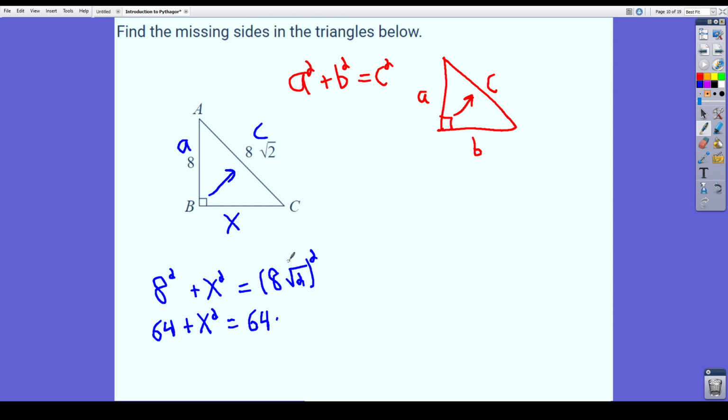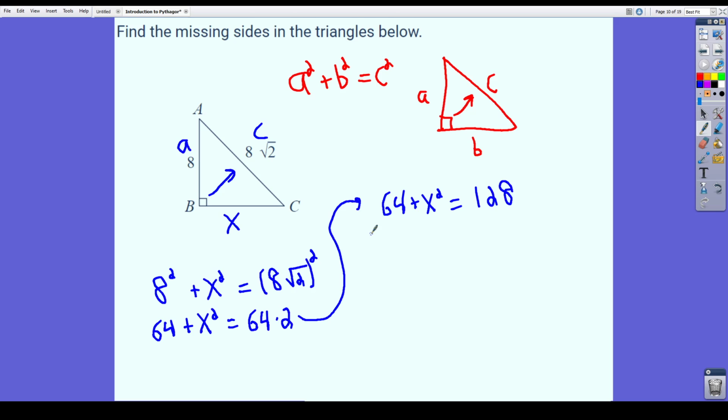Well, the square root is the opposite of squaring something, so they basically cancel each other out. So all you're left with is 2. Now, from there, we have that 64 plus x squared is equal to 2 times 64, which is 128.